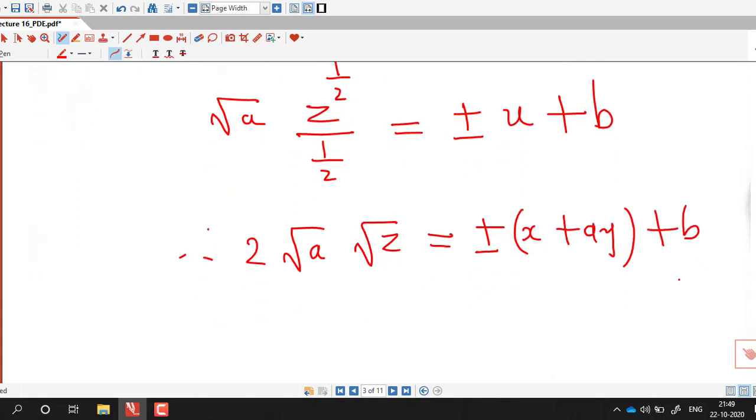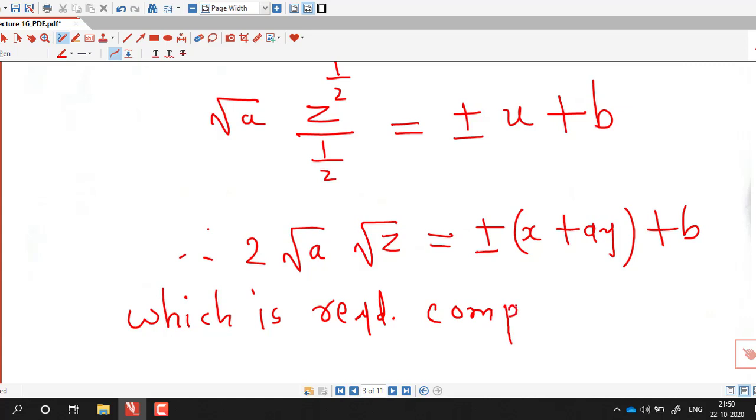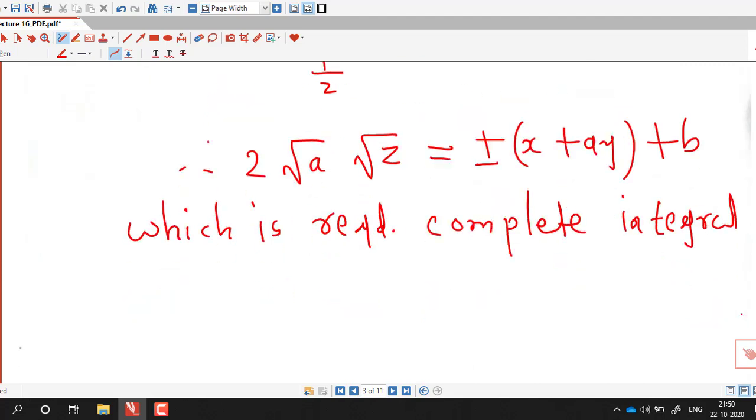So this is the required complete integral, in which a and b are arbitrary constants.